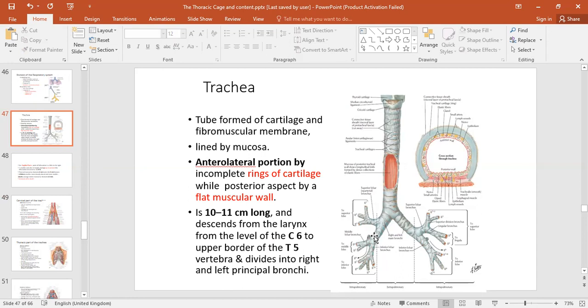Okay. So that is it about primary, secondary, and tertiary bronchus. Now, when we go to bronchioles, bronchioles lack the hyaline cartilage. So this will not be present in bronchioles.